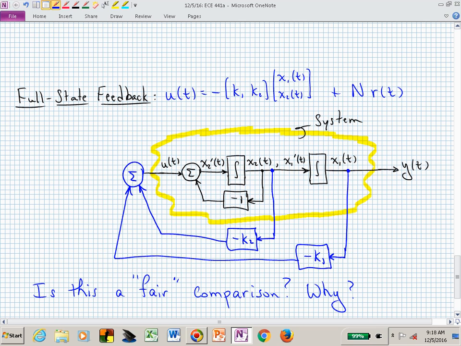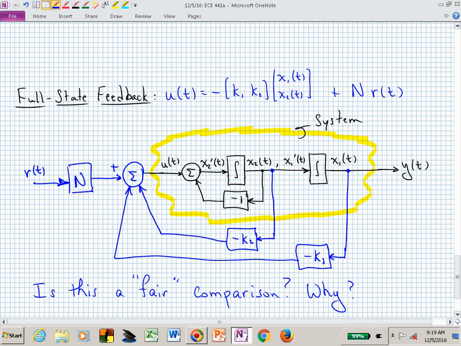If we actually want to drive this system, if this is maybe a vehicle, we might want to inject a reference signal, weight that with this N matrix, and now we might want Y, the output, to track the input R.